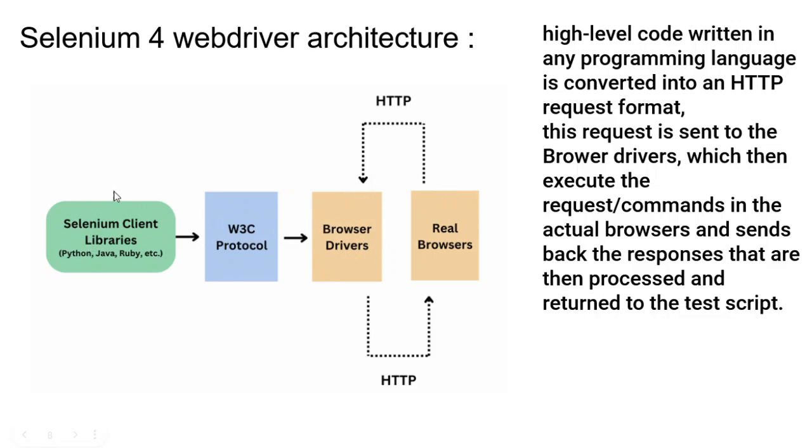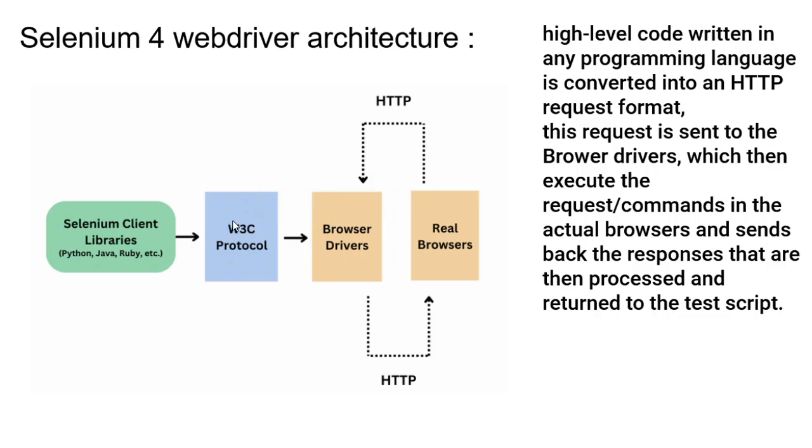Selenium client libraries and browser drivers communicate through the W3C protocol. It is the World Wide Web Consortium protocol that sets a global standard that all browsers follow, and browser drivers also follow the same. So to make a standard communication between client and server, we use the W3C protocol.